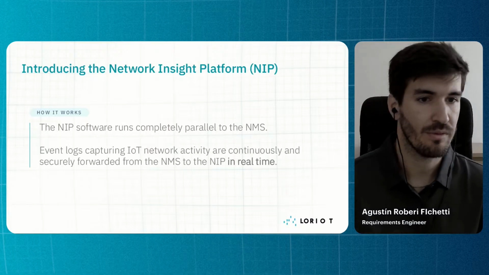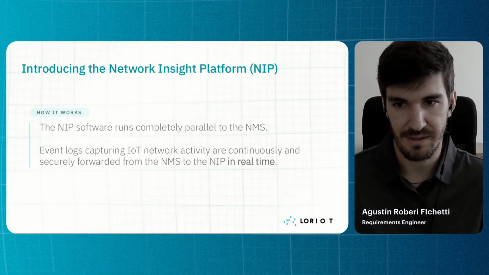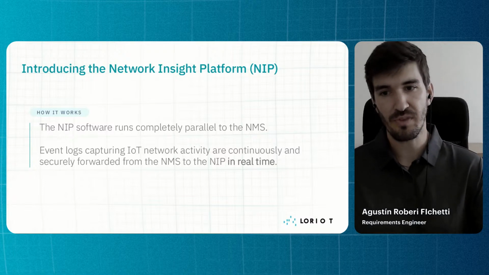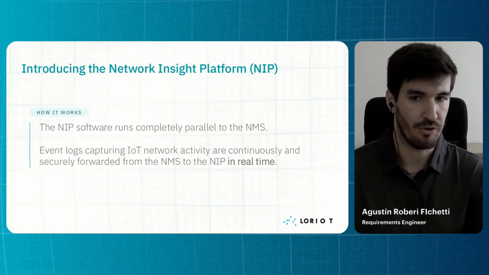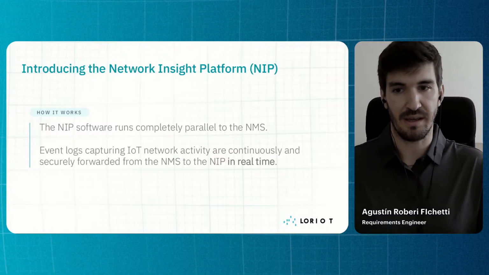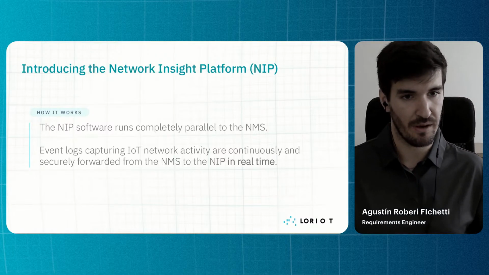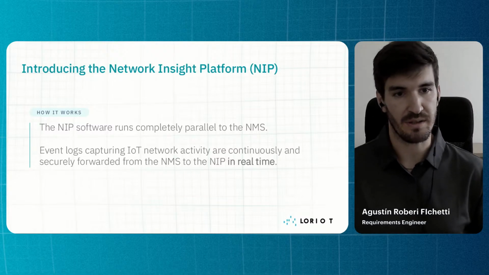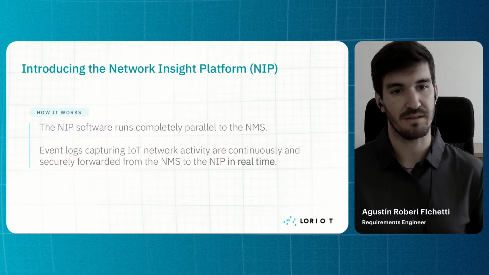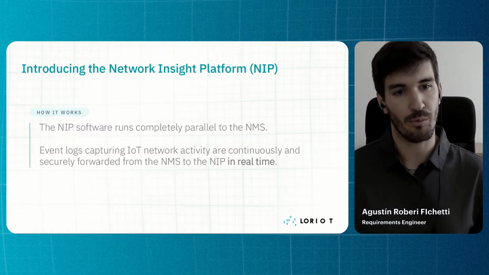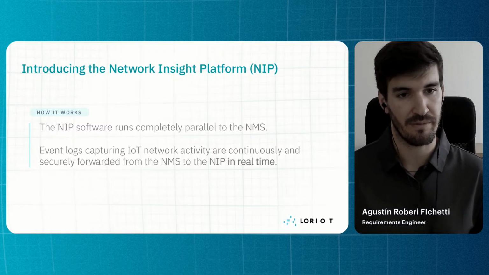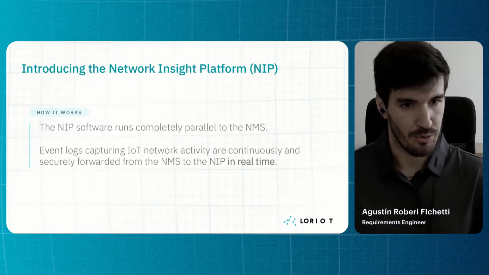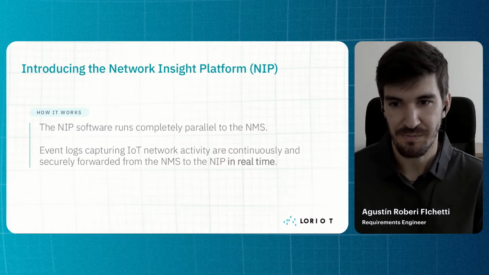So how does the NIP work, or how is it built? For those that don't know, the NIP is a completely separate product from the LORIOT network management system, the NMS. It runs in parallel, so it will never interfere with the processes and the performance of the NMS. So you can forget about it; it's not an issue.